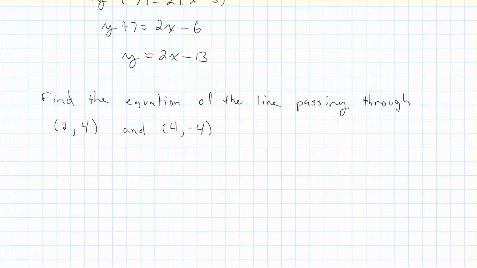Now the difference here is they haven't told us what the slope is. We have 2 points on the line, but we don't know what the slope is. But that's not a big deal, because when given 2 points, we know we can compute the slope. We saw that at the end of the last video.